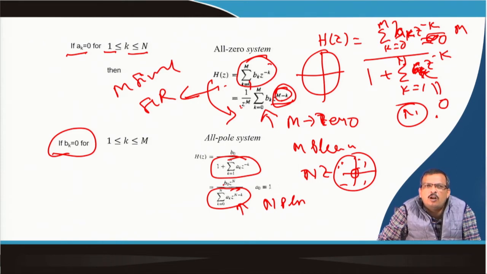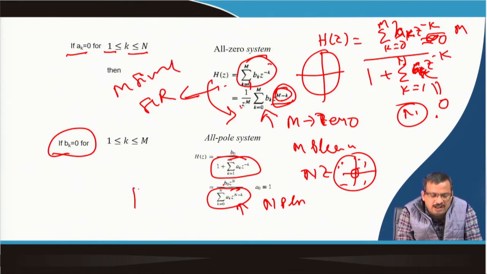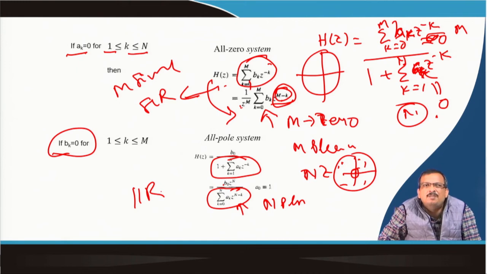When I talk about the all-pole system, it is called an IIR system, infinite impulse response system. So, the Z transform is used to determine the transfer function H(z) of an LTI system, and then I can find the pole-zero system. I can convert to an all-pole system or all-zero system using that Z transform manipulation.